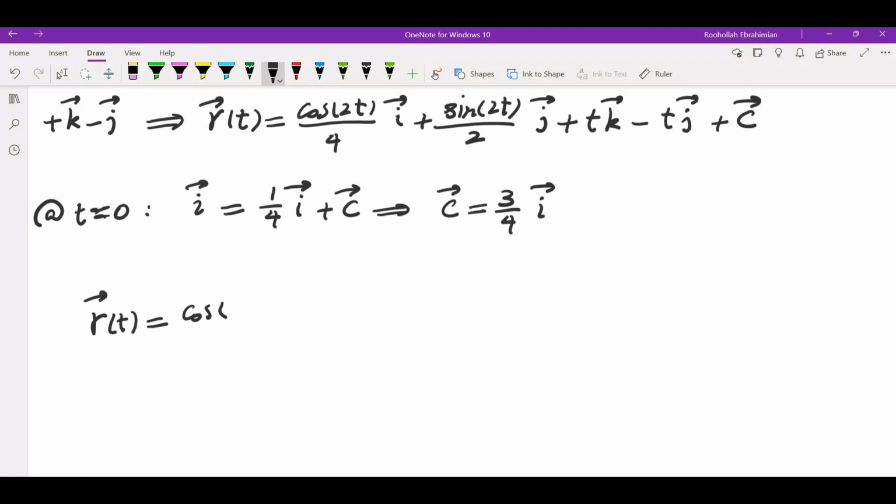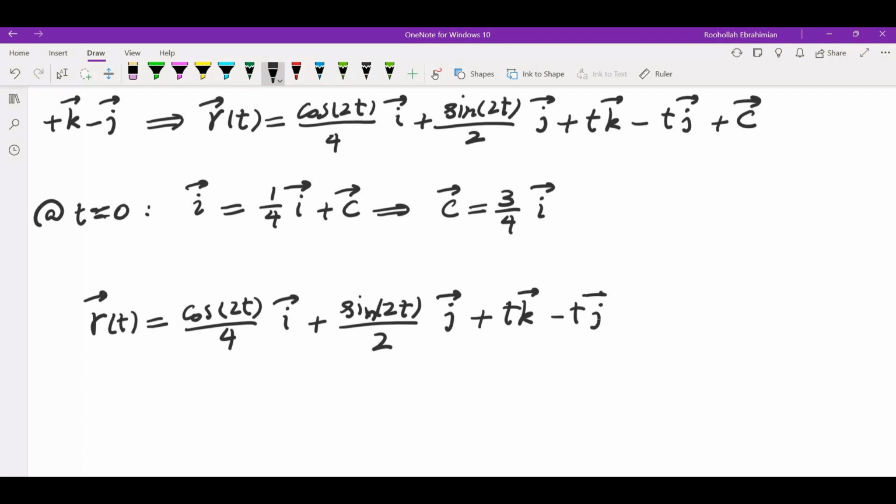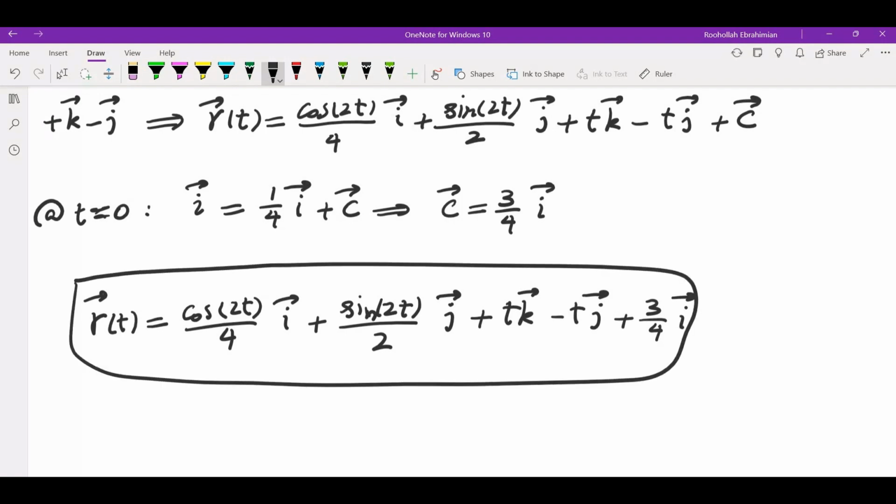So we get cosine of 2t, all of that over 4 i, plus sine of 2t over 2 j plus tk minus tj plus 3/4 i. So this is our answer.